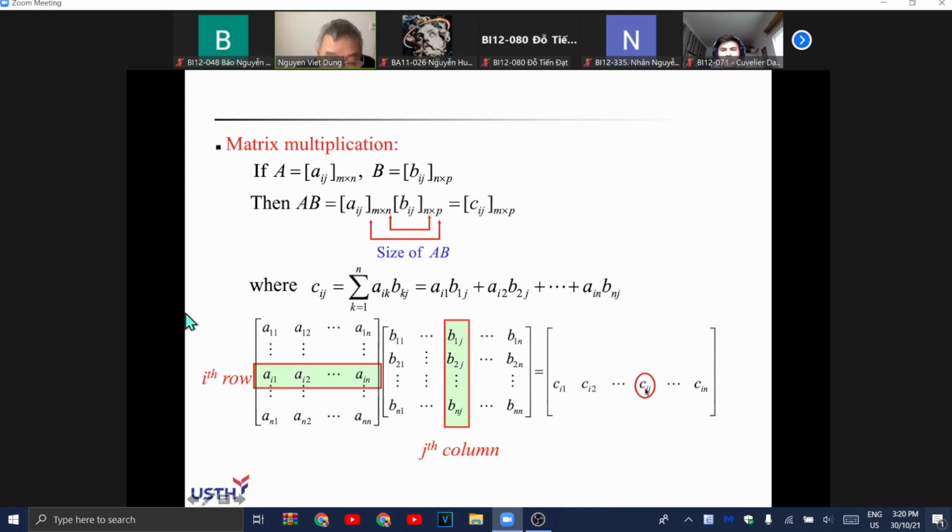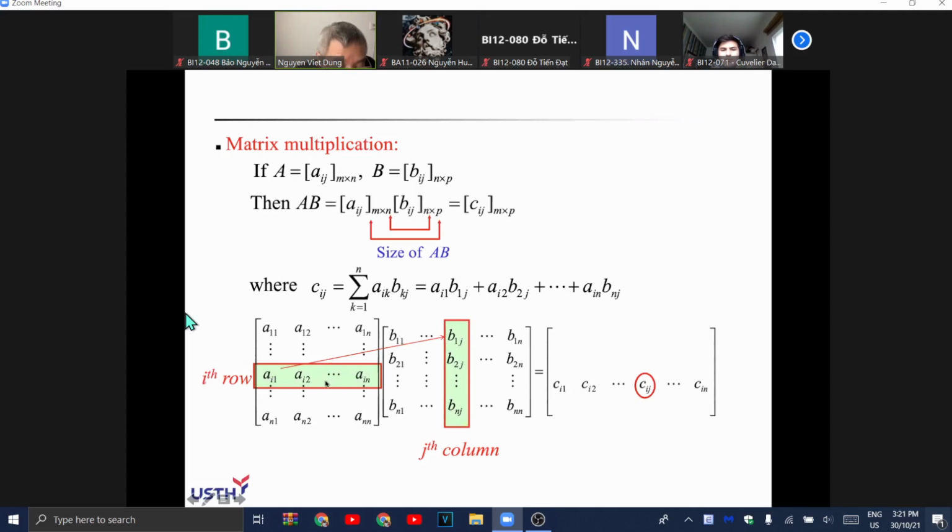In order to find Cij, first I take the ith row of A, and then I take the jth column of B. Because of our requirement on the number of columns of A and the number of rows of B, the row contains exactly n entries, and the same with the jth column of B, it contains n entries. So now we take the product of the first entry here and the first entry here, so we get that term.